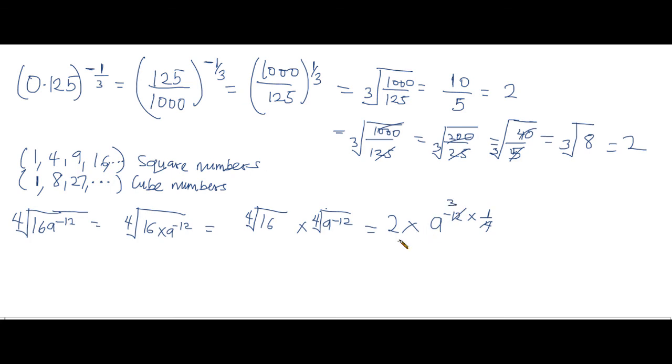So my final answer from here will be 2 multiplied by a raised to the power of minus 3, which I can also write as 2 over a raised to the power of 3.